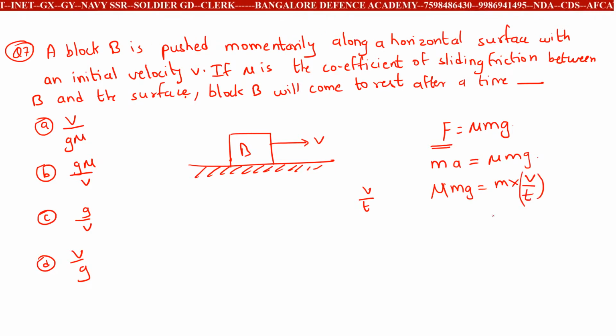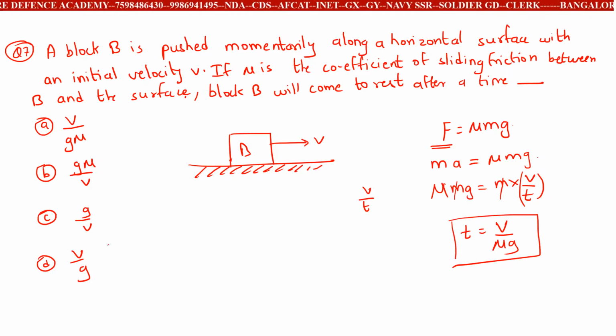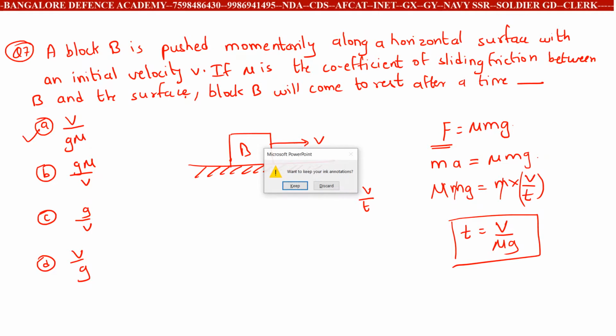Here m gets cancelled, and finally when you substitute the t value you get v by mu g. So the time taken will be option A, v by mu g. Okay. So this was a kind of question asked in your previous year examination. These are all very easy questions.